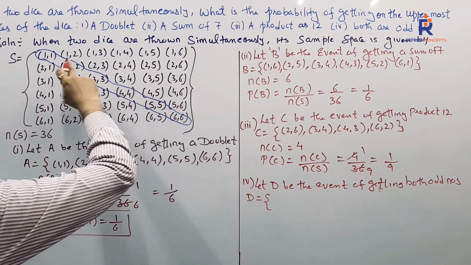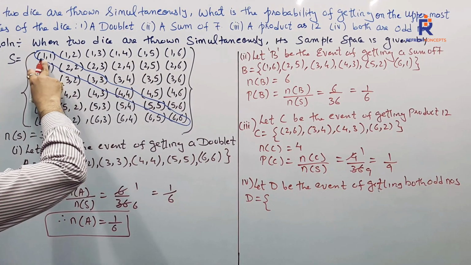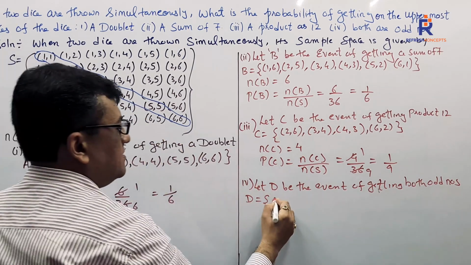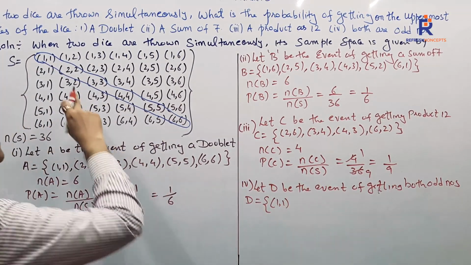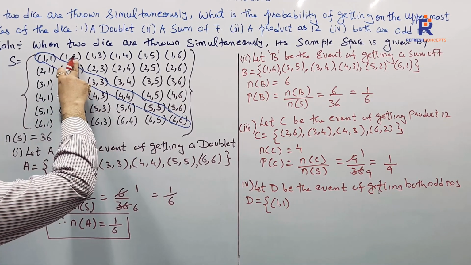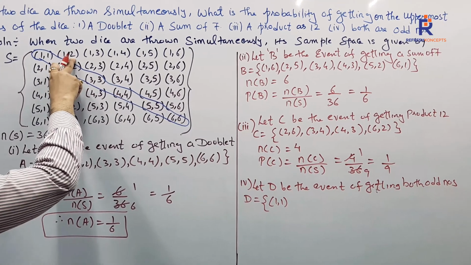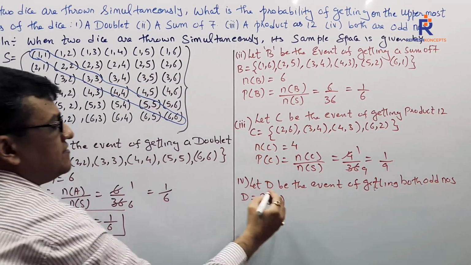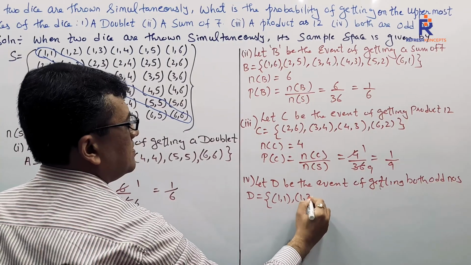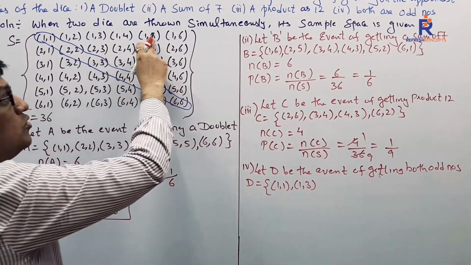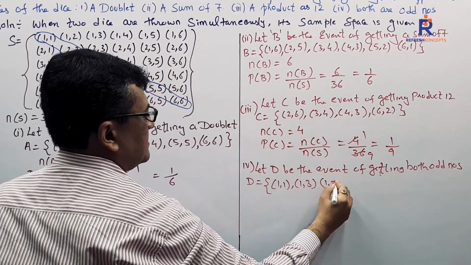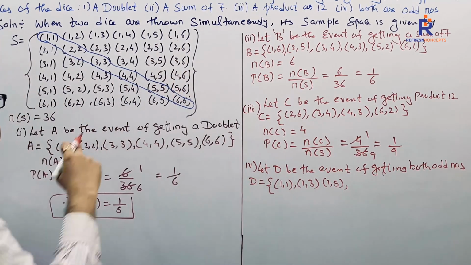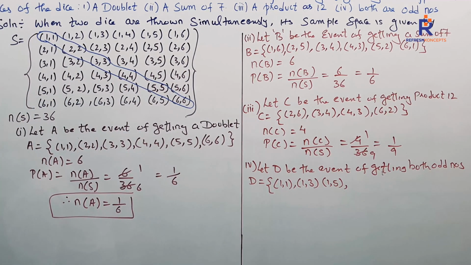So can I say 1, 1, odd? Now it's even. First being odd, second being even. 1, 3. 1, 4, no. 1, 5, yes. 1, 6, no.